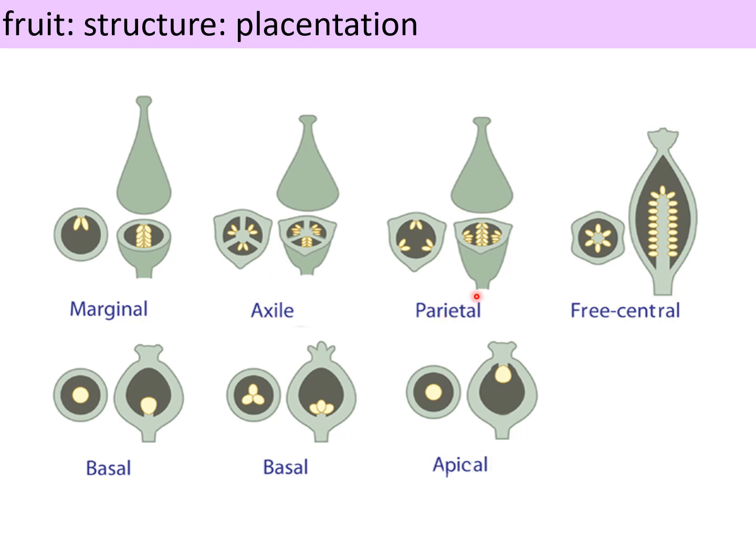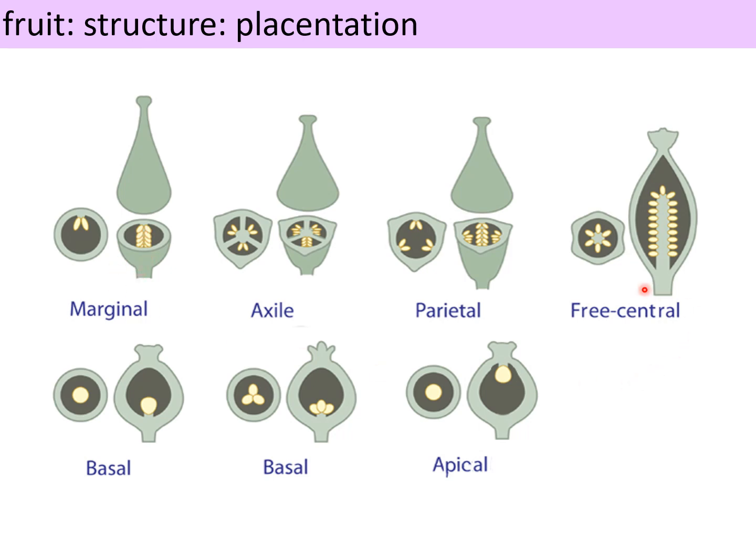For parietal placentation, the ovules form on the ovary's inner wall in a single chamber at first, and it then becomes two chambers with the creation of a false septum. So you can find false septums, and there are many rows of ovule attachment. It's different from marginal. In marginal, there is only one row of ovule attachment, and we cannot see a false septum.